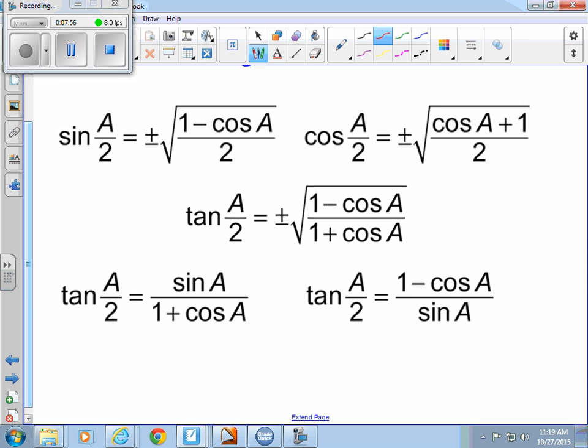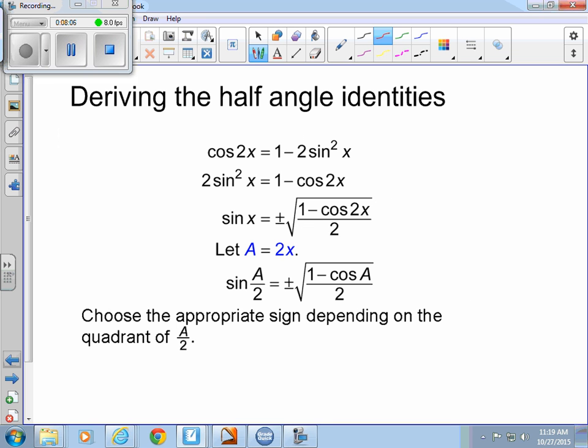But I would argue theoretically you can figure them out using the double angle identities. Would you agree? Completely. Theoretically. Okay, let's stop here. Ignore the bottom part.